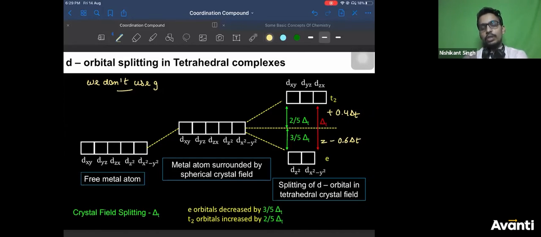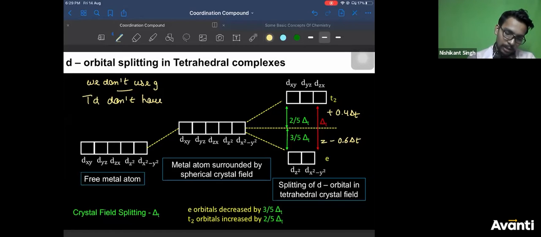See, g means gerade. Gerade is used for those orbitals which have a center of symmetry, for those structures which have a center of symmetry. But tetrahedral geometry does not have a center of symmetry.